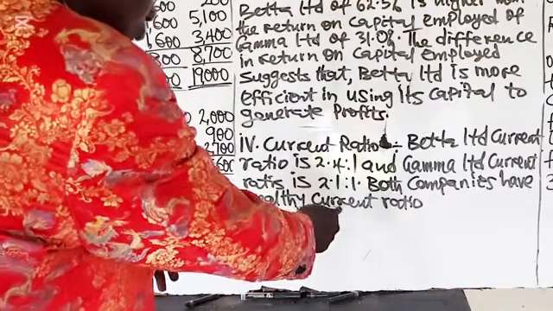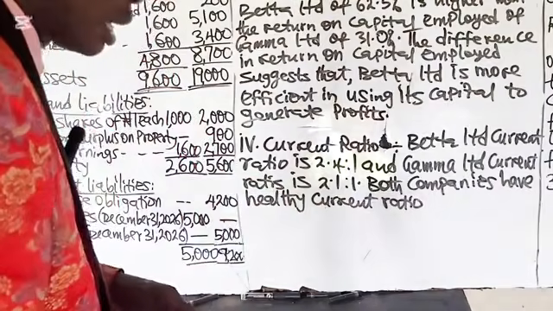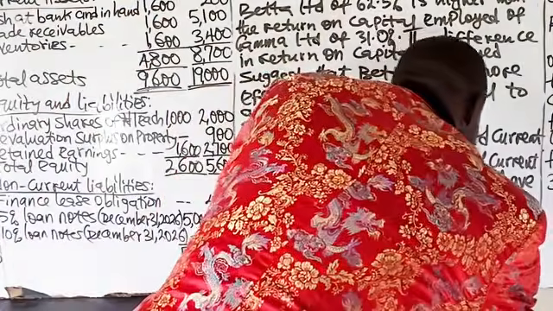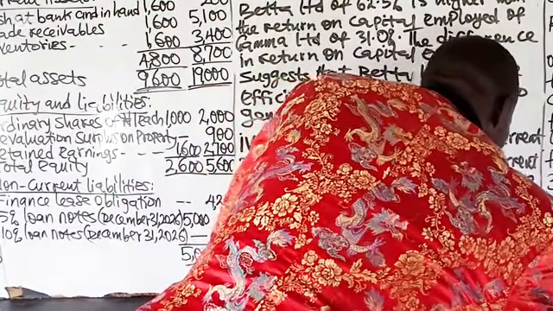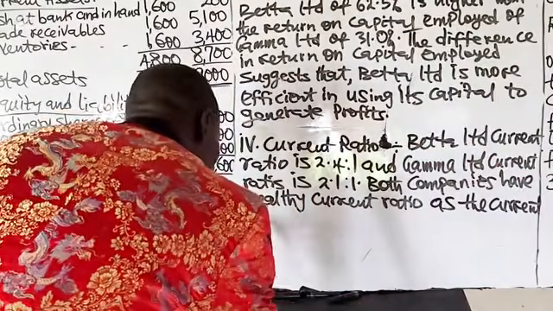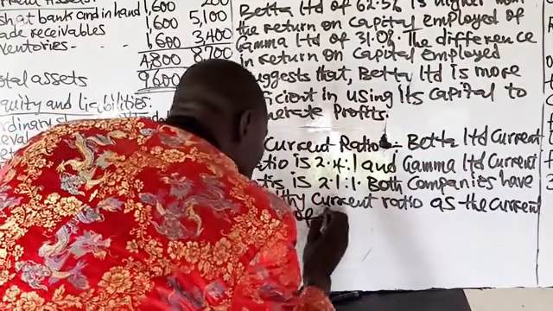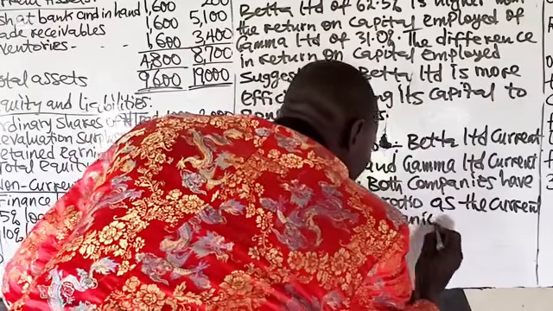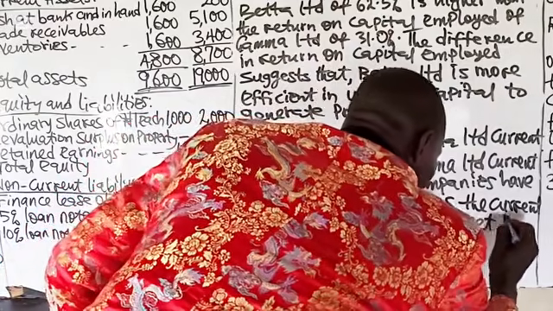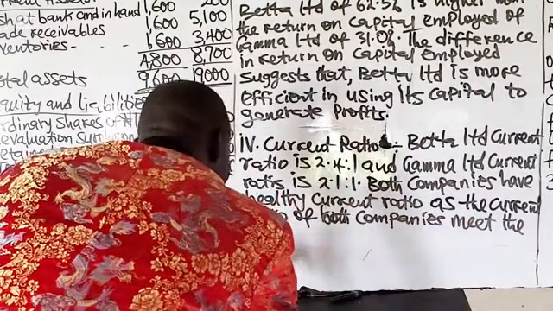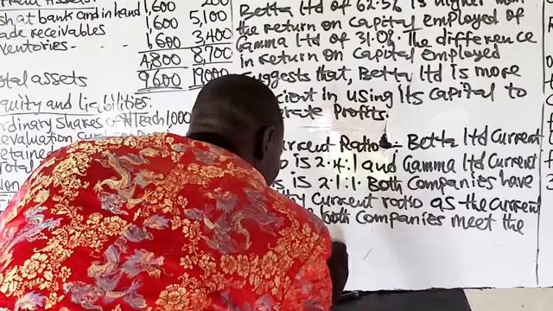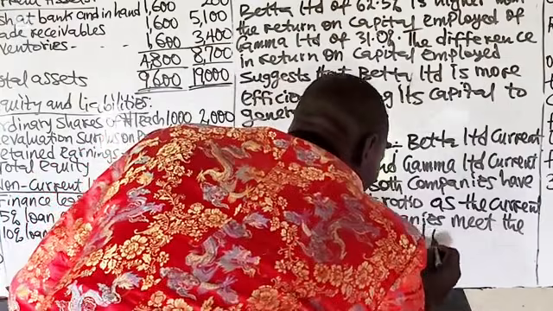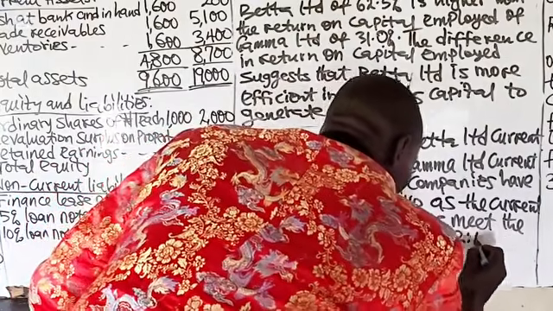Both companies have healthy current ratios as the current ratio of both companies meets the acceptable standard, or you can say acceptable threshold, of 2 to 1.